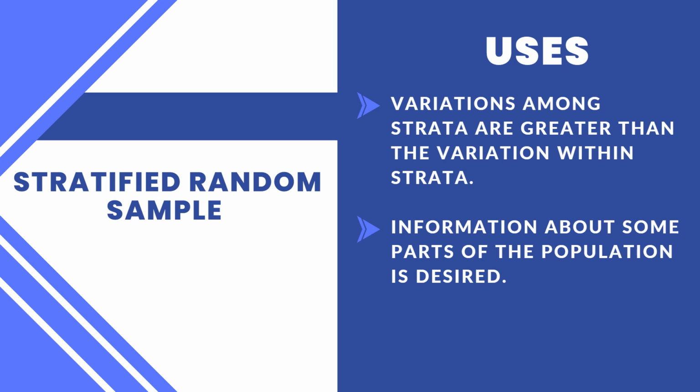There is variation among these elements. It is also used when information about some part of the population is desired. If you need to get information about some part of the population, then stratified random sampling is a good technique to get results.